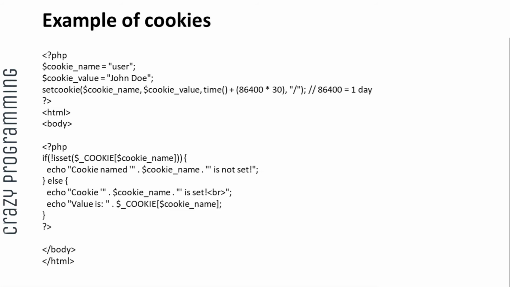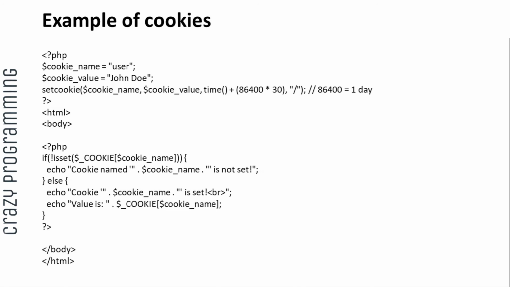And then PHP closes and HTML starts, and again in the body part I insert PHP: if statement isset cookie name. If it is not set, then it will print "Cookie named user is not set" like this.